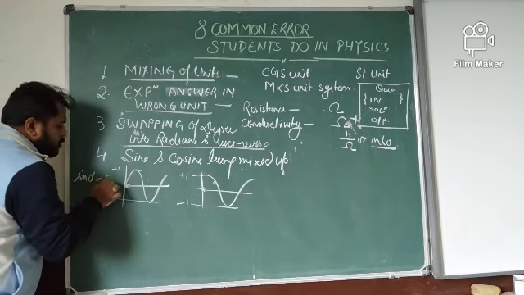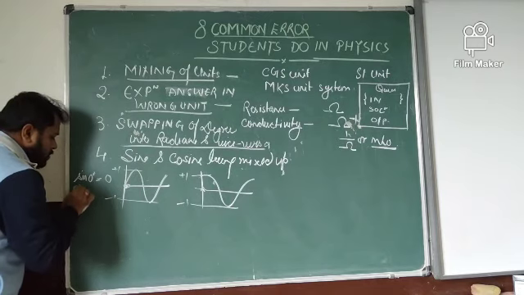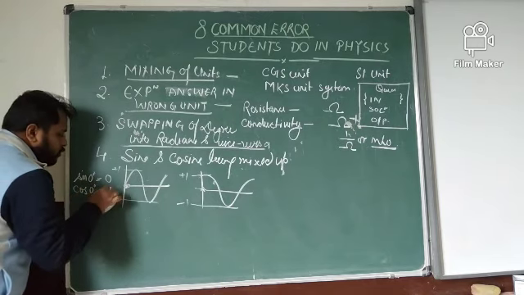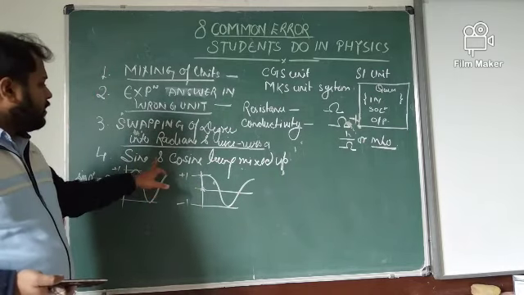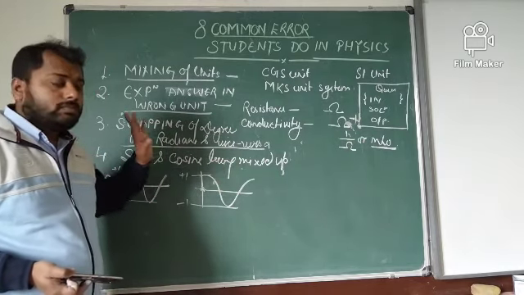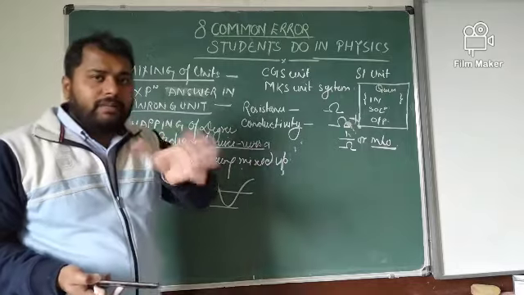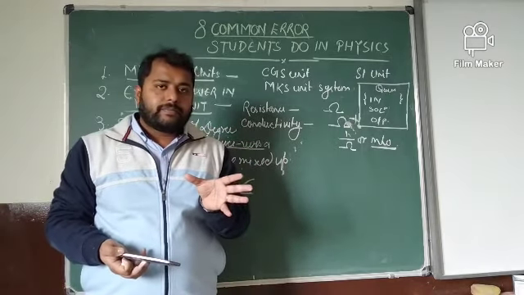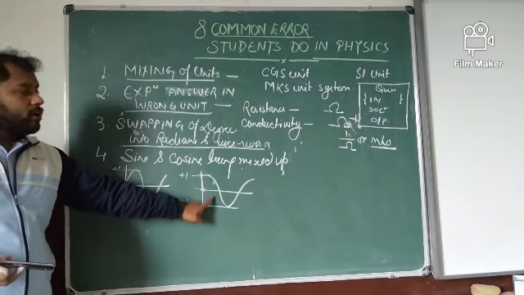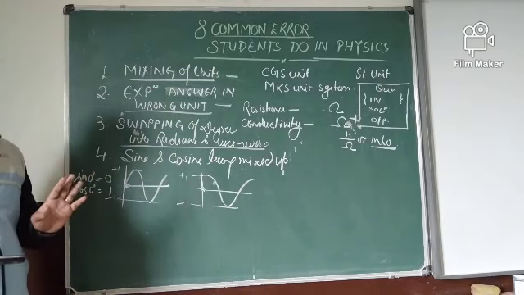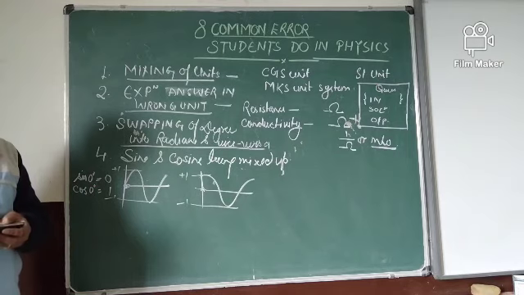Sine 0 degree gives you 0, but cos 0 will give you 1. This is another thing in which students intermix sine and cosine. Both look similar, but their work is different, because their graphs are different and they give different values. Is that clear?